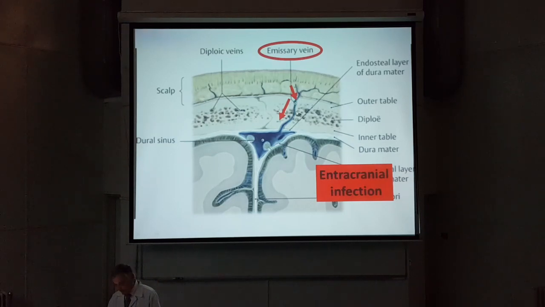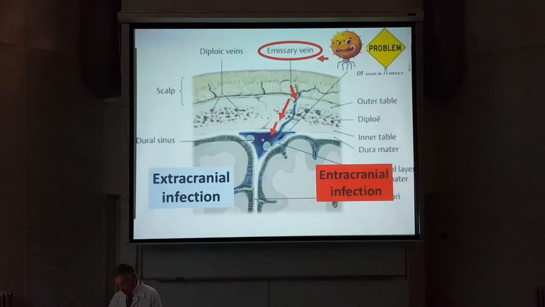And these veins end up in dural venous sinuses. In this case, it can be the superior sagittal sinus. Now, infection can get in from the wound, which is extracranial, to the intracranial.